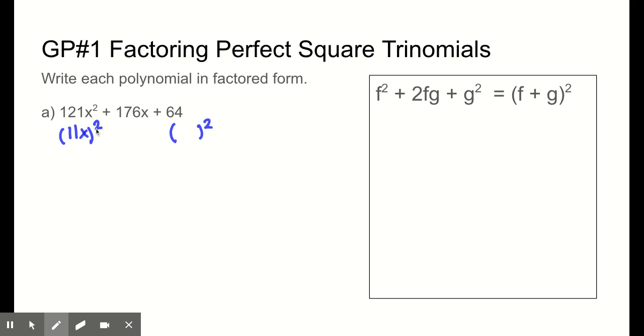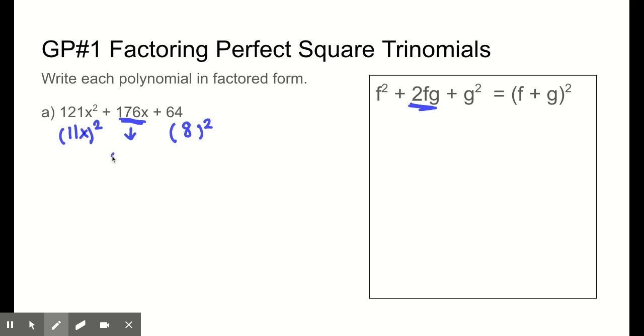So 11x to the second power gives us 121x squared. Then what number squared gives us 64, or what is the square root of 64? That is 8. From there, we want to check that this middle term fits the special pattern. So does 2 times f times g give us 176x? That's what's going to determine whether or not this trinomial is in fact a perfect square trinomial.